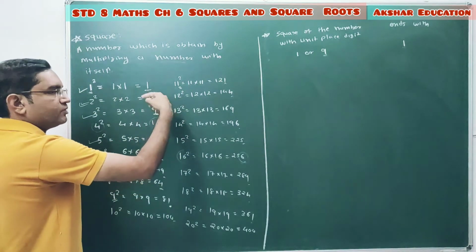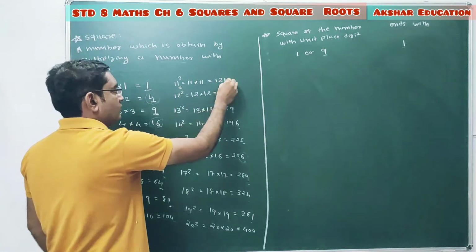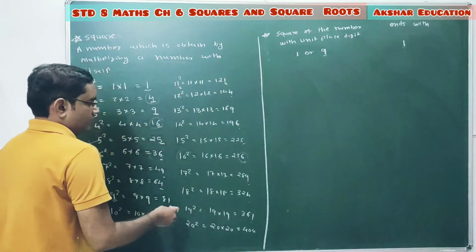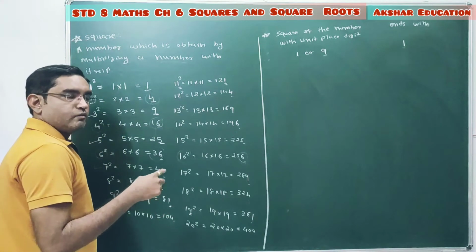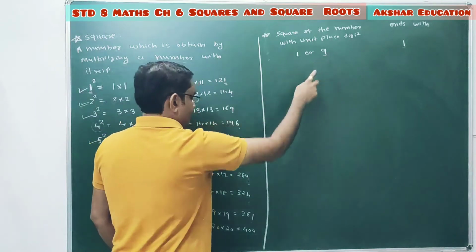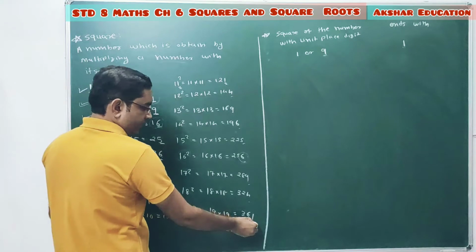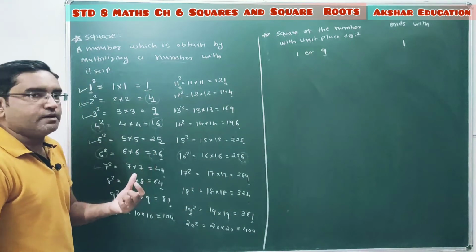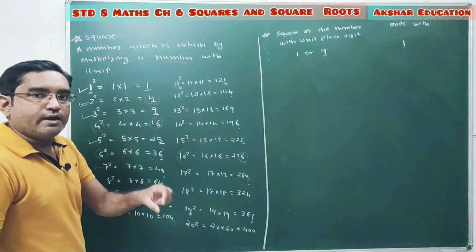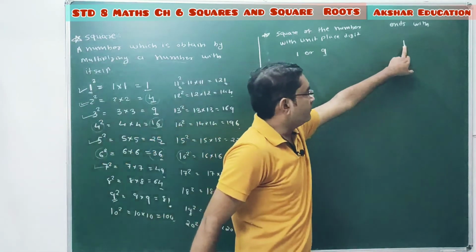If we take the square of this 11, we are getting a number whose unit place digit is also 1. Consider the example of 19. The number is 19 whose unit place digit is 9. If we take the square of this number, it will end with digit 1. So any number whose unit place digit is 1 or 9, whose square always ends with digit 1.